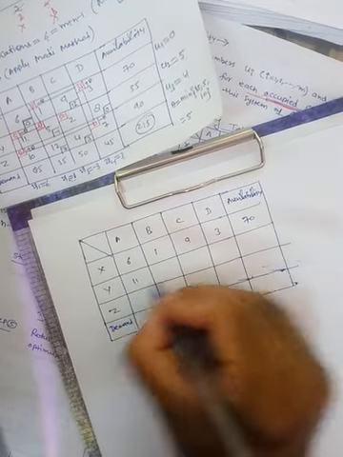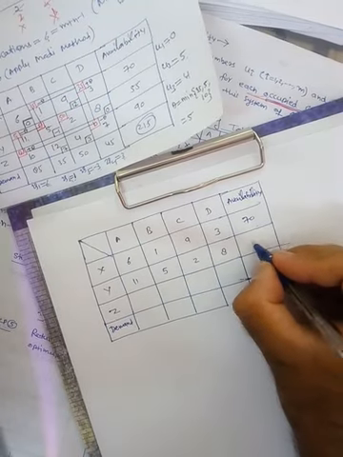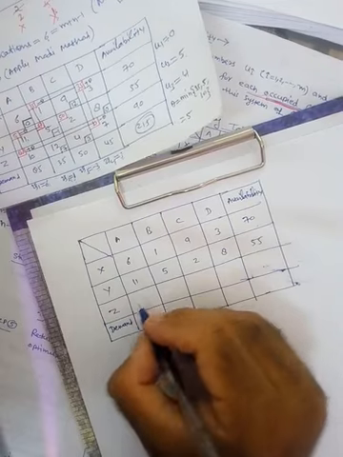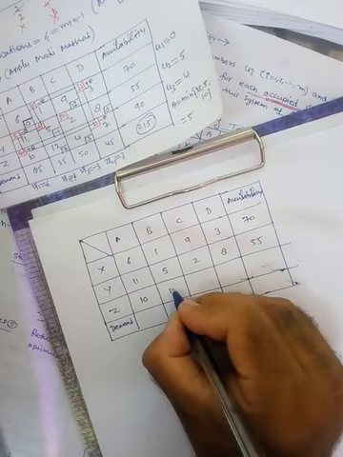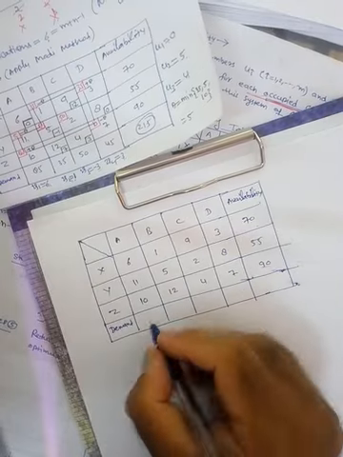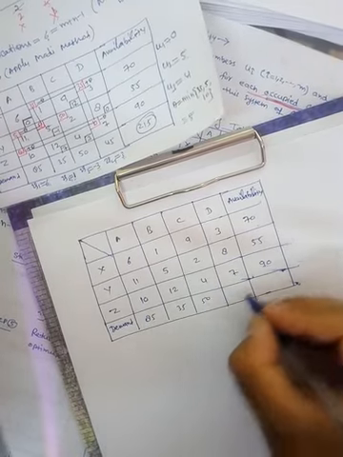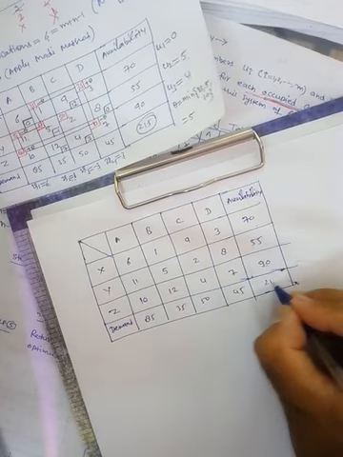Here is 11, 5, 2, 8, 55, then 10, then 12, then 4, then 7 and 90, 85, 35, 50, 45 and 215.